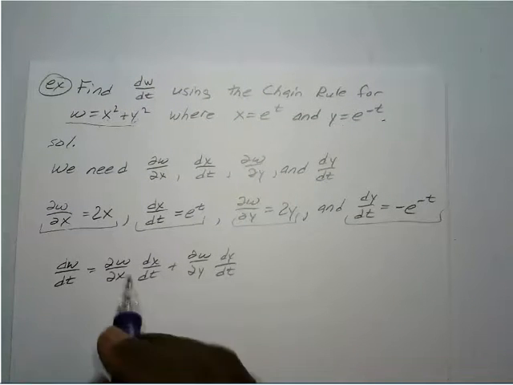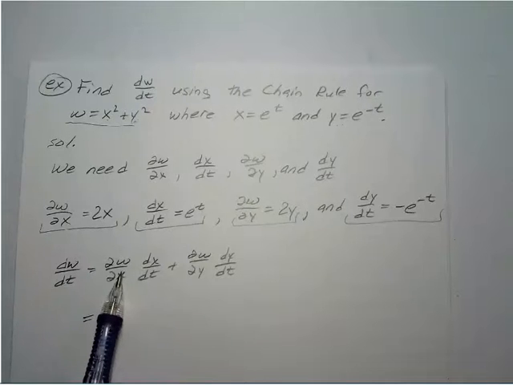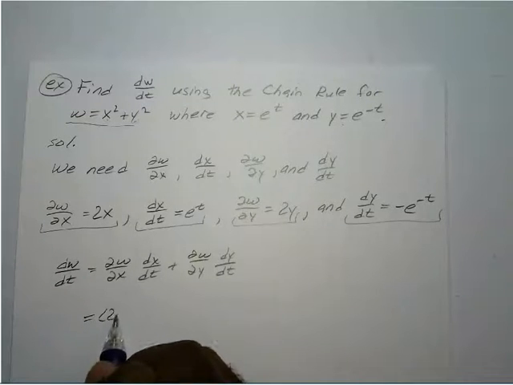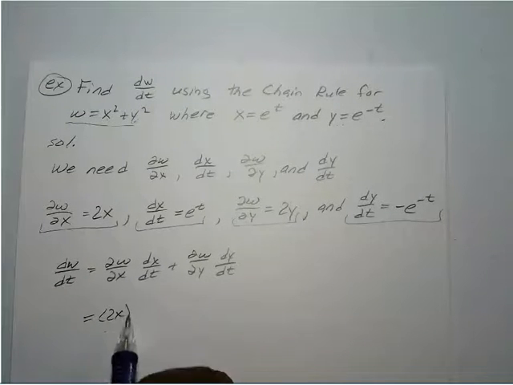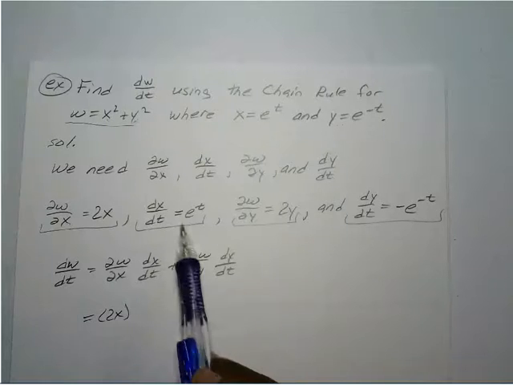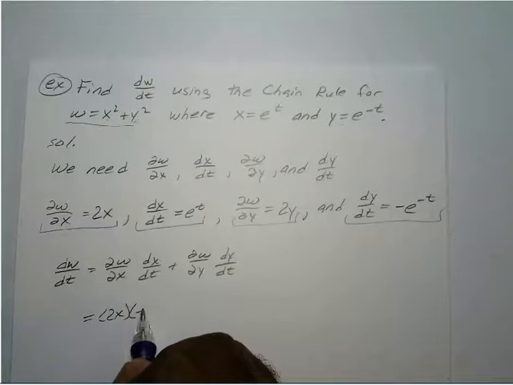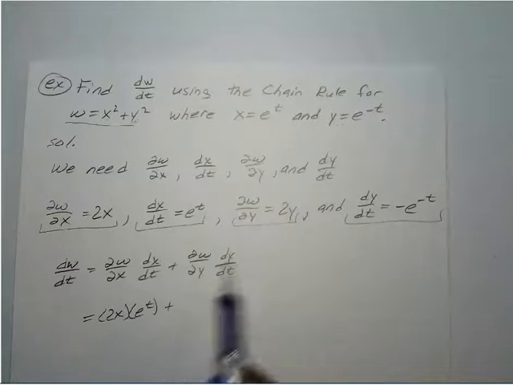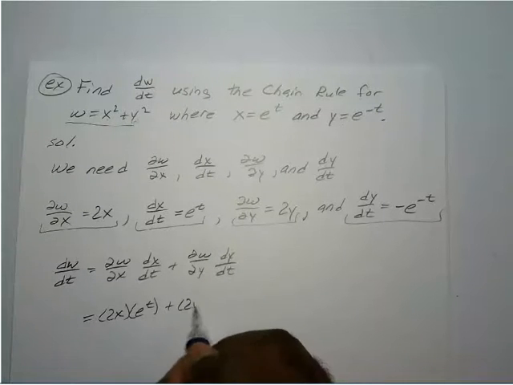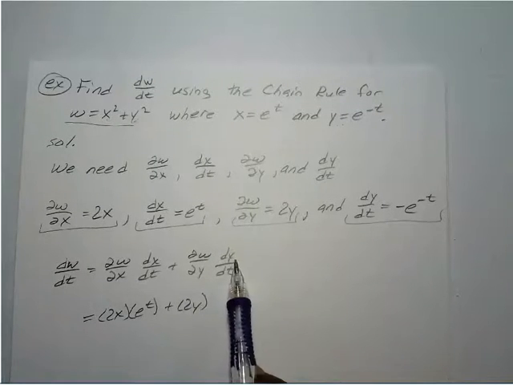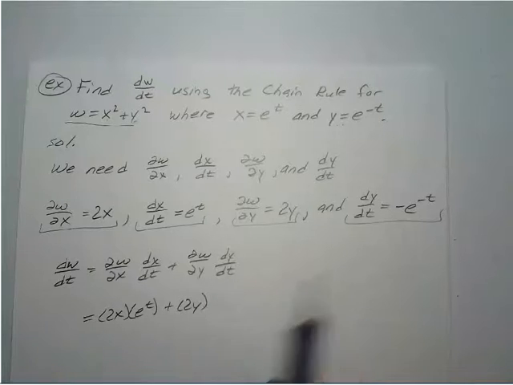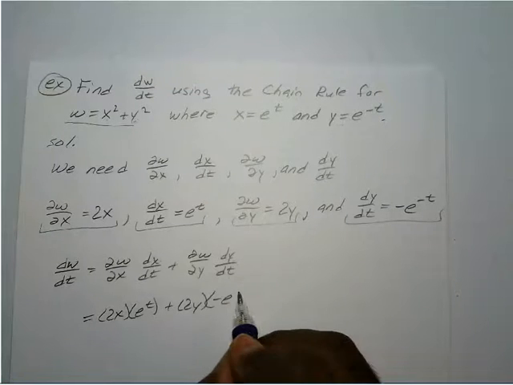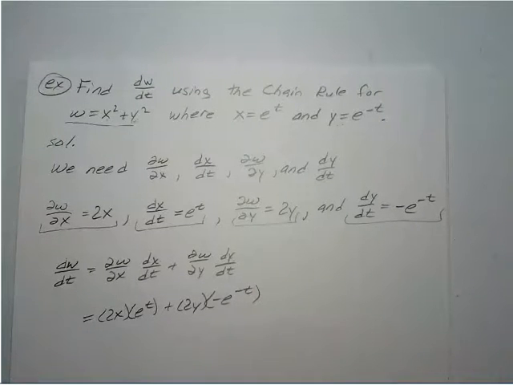So plugging everything in, the partial of w with respect to x is 2x, dx/dt is e to the power of t, plus the partial of w with respect to y, 2y, and the derivative of y with respect to t is negative e to the negative t.